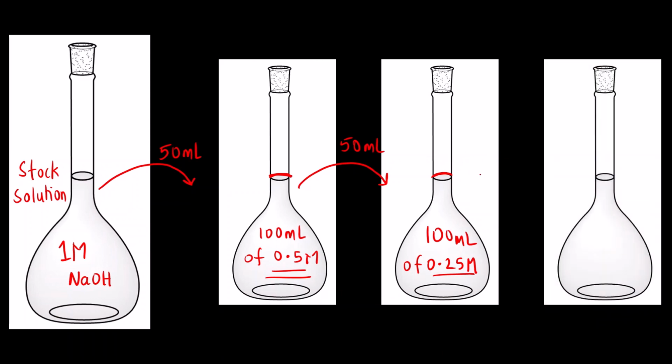For the final solution, we again take 50 ml of this second solution, that is 0.25 molar, and we will get 100 ml of 0.125 molar NaOH. In this way we perform the serial dilution by using the dilution formula.